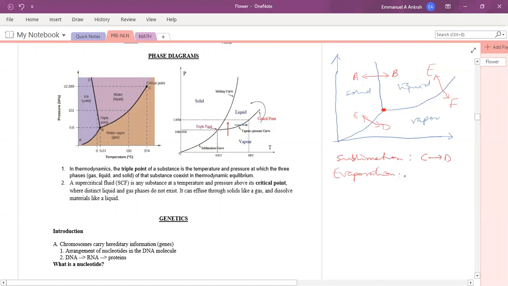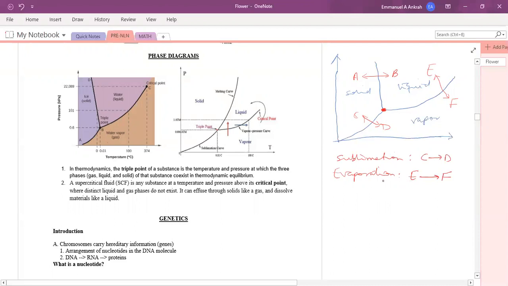For evaporation, we're changing from liquid to gas. The liquid phase is here, and then to gas, to vapor. So it's E to F. E is the liquid phase going to vapor, which is F.